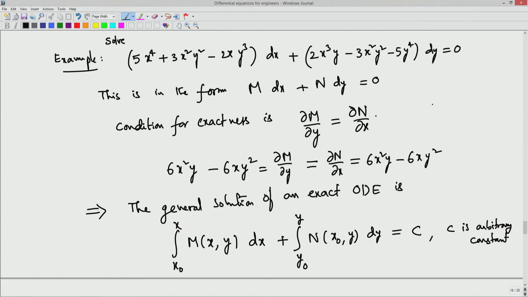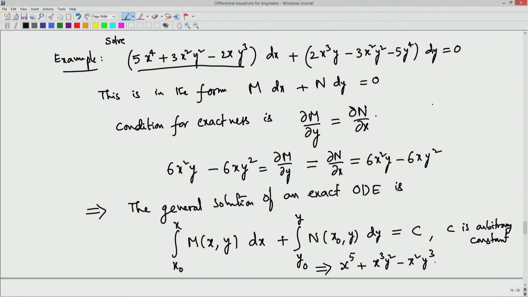So, I can directly write the solution. The integral of M dx, whose x derivative gives x^5, plus 3x^2y^2 integrates to x^3y^2, minus 2xy^3 integrates to x^2y^3, integrated with respect to x taking x0 equal to 0.